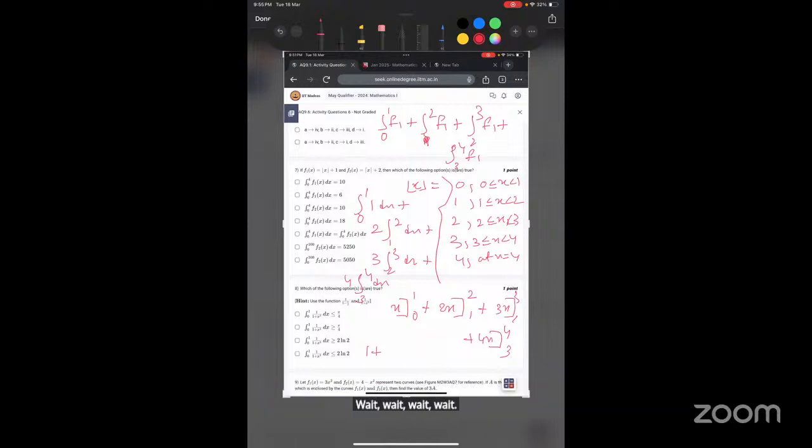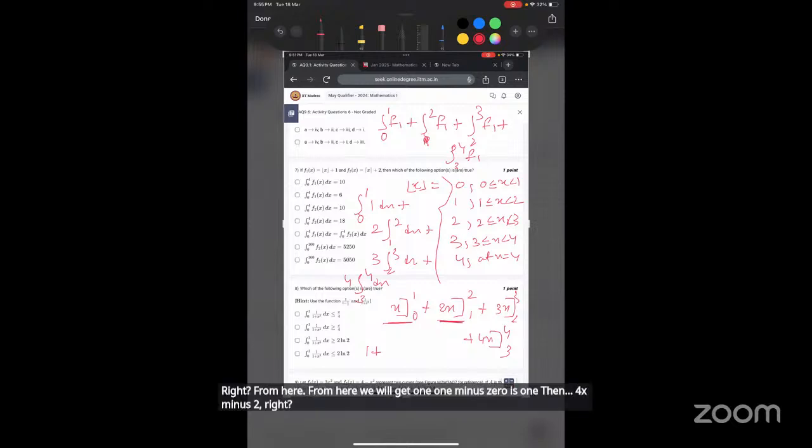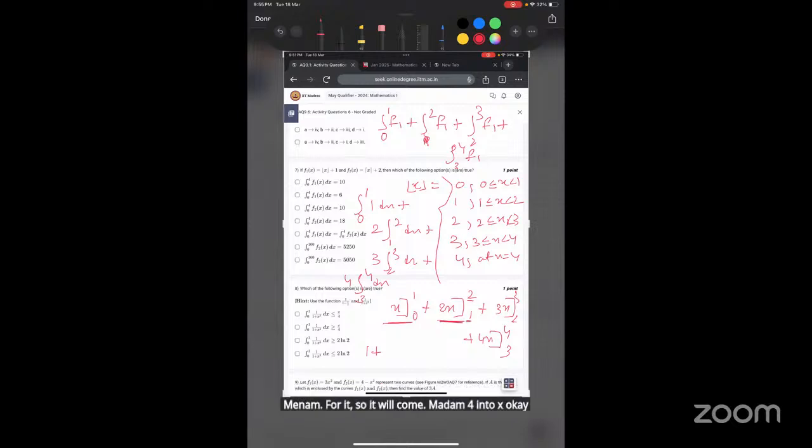Slowly. 2x we have. That means 4 minus 2, right? From here we will get 1, 1 minus 0 is 1. Madam, then how will 4x come? 4 into x, okay. 4x minus 2, right? First we put the upper limit, then the lower limit. F of b minus f of a. Fundamental theorem of calculus.